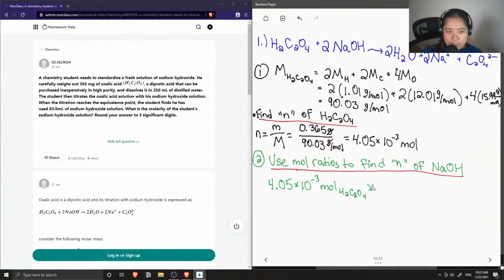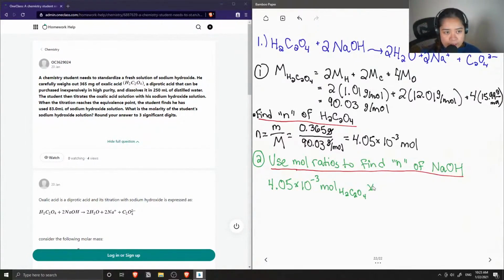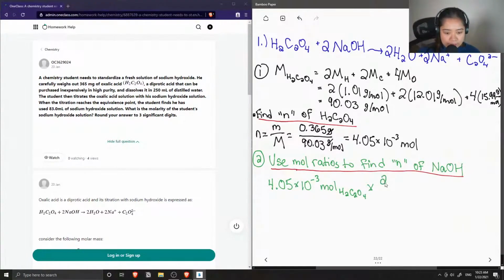And if we look at our balanced equation, then we can see that 1 mole of oxalic acid reacts with 2 moles of NaOH. So we need to multiply by 2 and we can show the ratio. And now you can see our moles of oxalic acid cancel out, and we're left with our moles of sodium hydroxide, which is 8.1 times 10 to the negative 3.